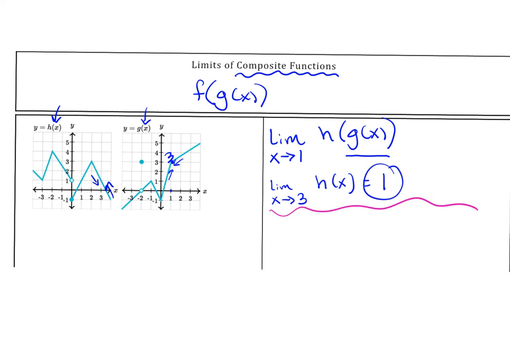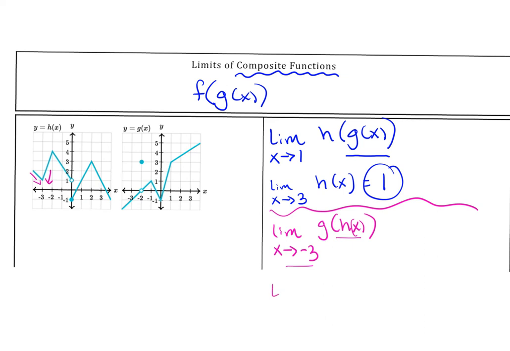Okay, let's do one more. The limit as x approaches -3 of g of h of x. You need to look at the limit as x approaches -3 of the inner function. So h of x approaching -3 is 1.